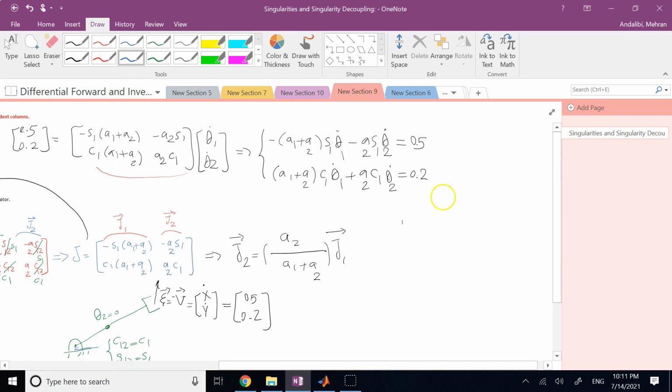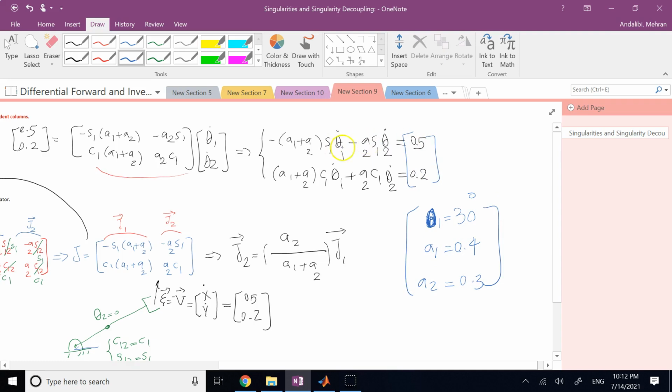I chose my theta 1 to be 30 degrees, just to try some numbers. And then I chose my A1 and A2 to be 0.4 and 0.3. And this is my zeta.